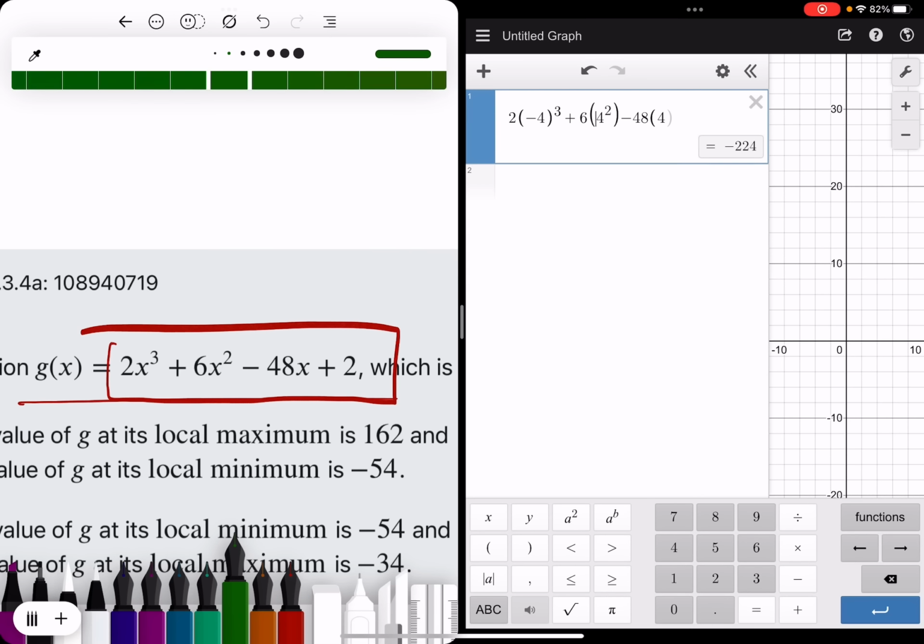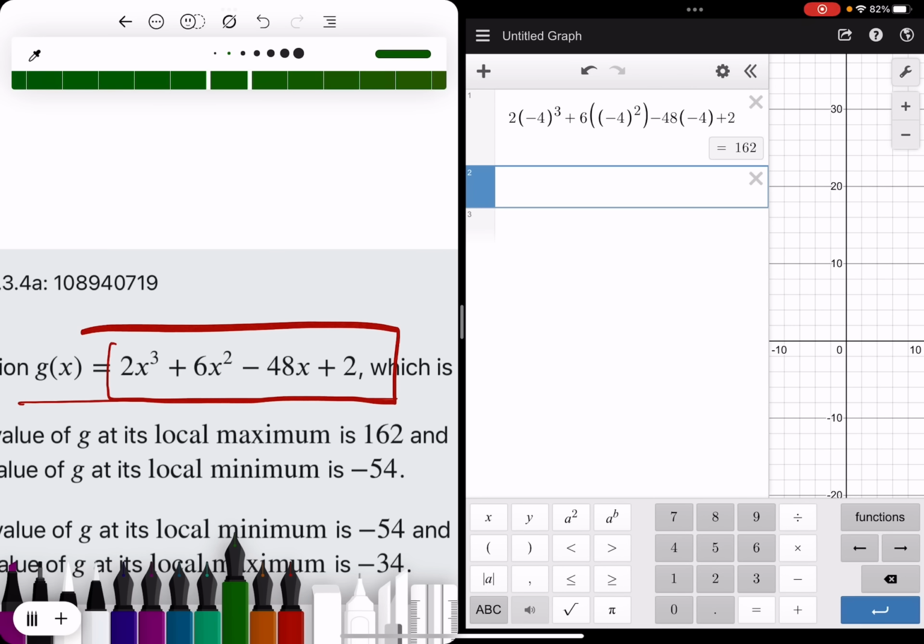For the squared, it really shouldn't matter. Okay, negative 4 times 48, and then plus 2. All right, so we get 162.